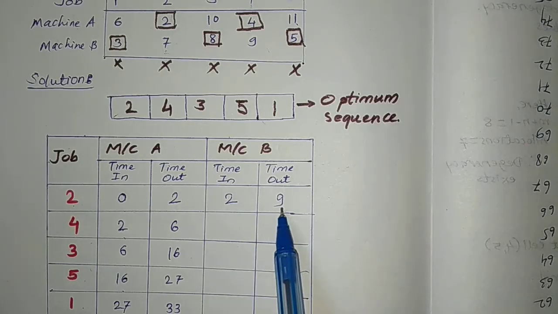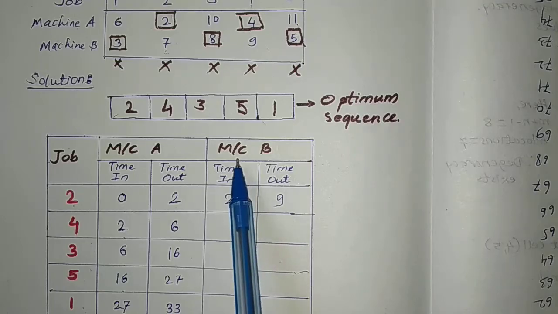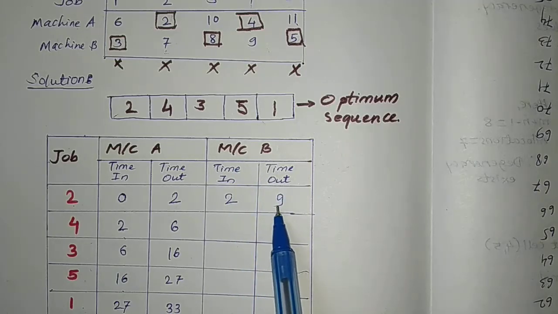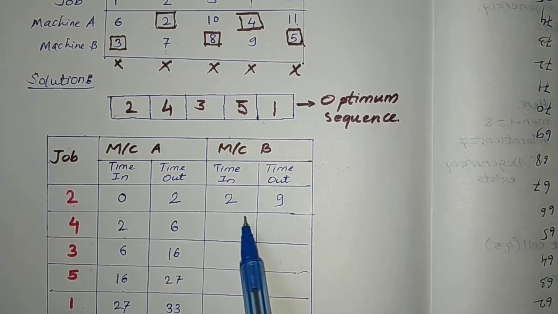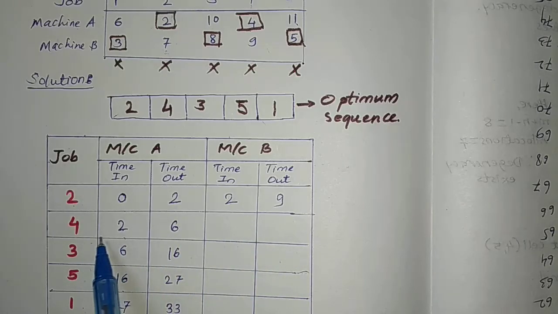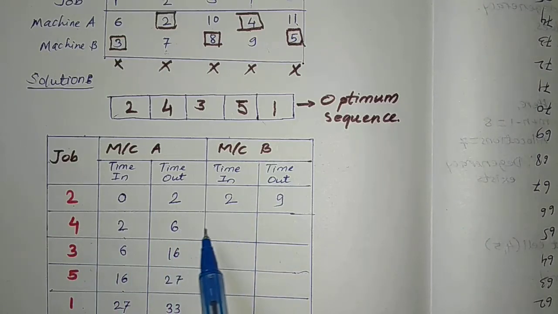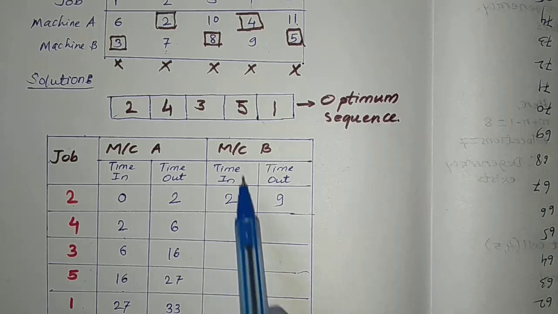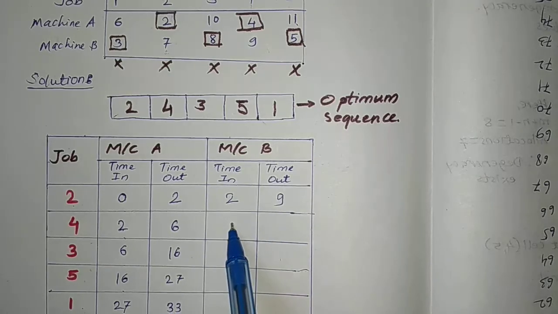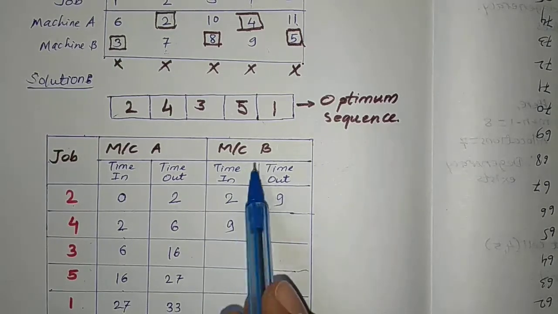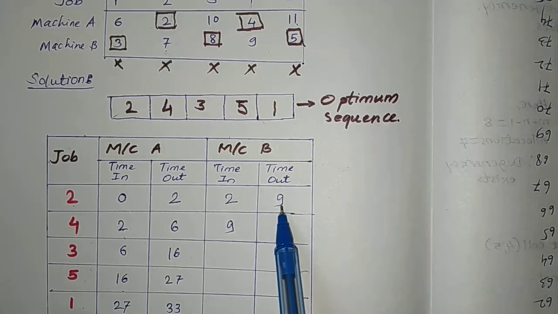Now if you observe here, machine B will remain busy till 9 hours, right? But job number 4 is ready after processing on machine A after 6 hours. So for job number 4, the in time on machine B will be 9 hours, because machine B will be busy till 9 hours.